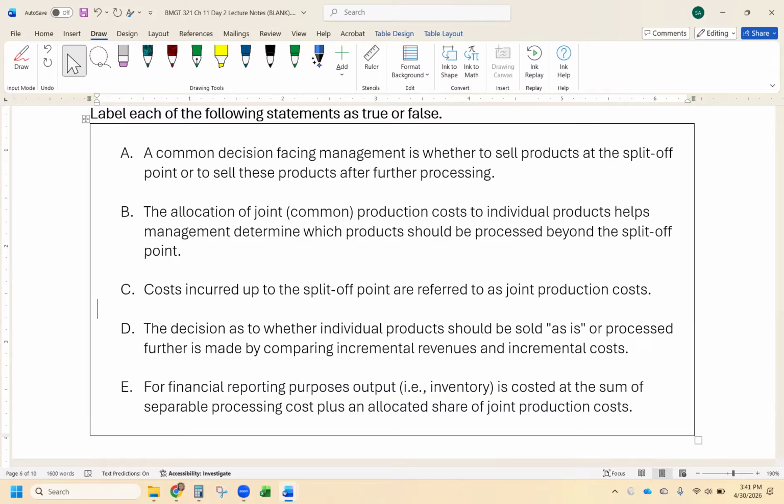And then E, for financial reporting purposes, output or inventory is costed at the sum of the separable processing costs plus an allocated share of joint production costs.